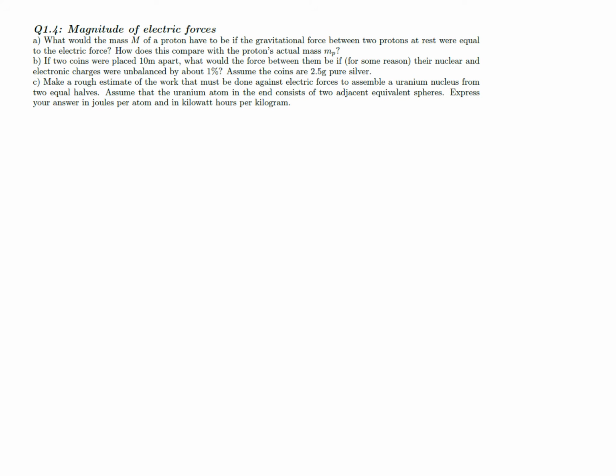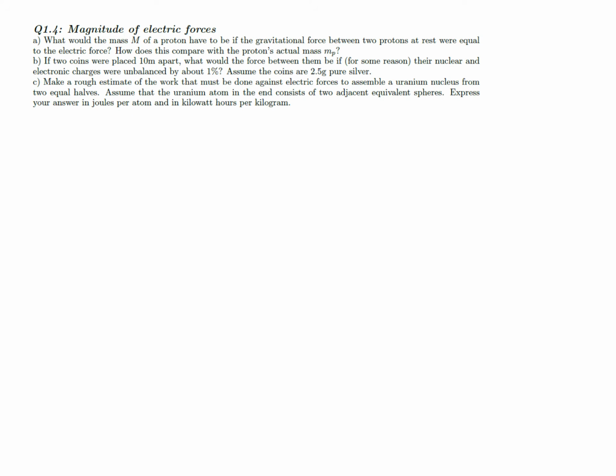Gravitation is mutually attractive. There's only one kind of matter, if you like, and matter attracts matter. In electrodynamics, we have positives and negatives, and like charges repel, and unlike charges attract. Also, there's a difference in terms of the magnitude of those forces, and that's the content of this question.